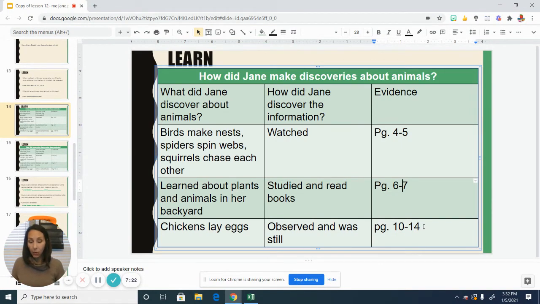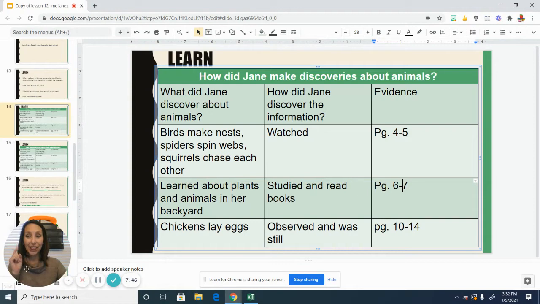Okay, so now if you didn't already, or if you would like, grab this paper from the third supply box pickup, and let's start talking about how we can take this information from the chart and put it into an informative paragraph. So can you think about what are the parts of an informative paragraph?